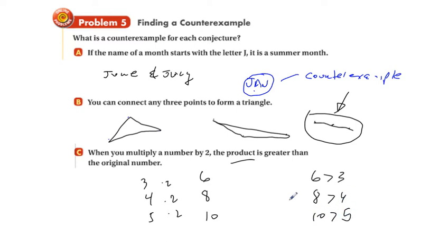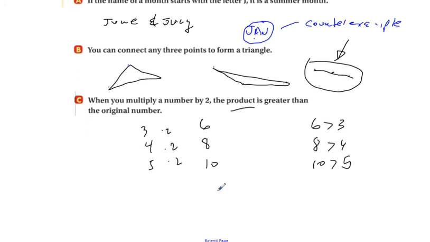But is this always true? Can we find a counterexample, a number such that when I multiply it by 2, it is not greater than the original number? Well, how about negative numbers? How about negative 6? Negative 6 times 2 is equal to negative 12. Is negative 12 greater than negative 6? Is this true? No, it is not.